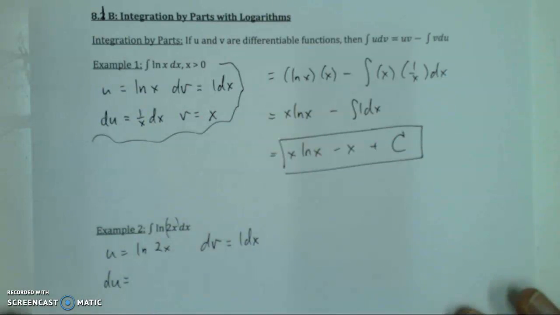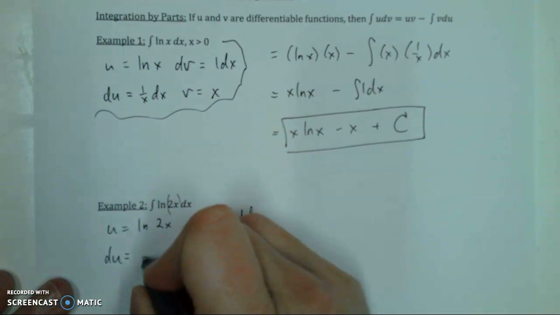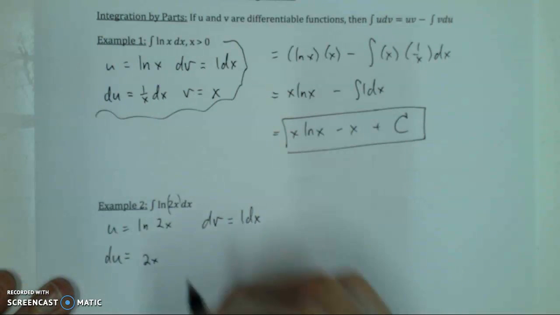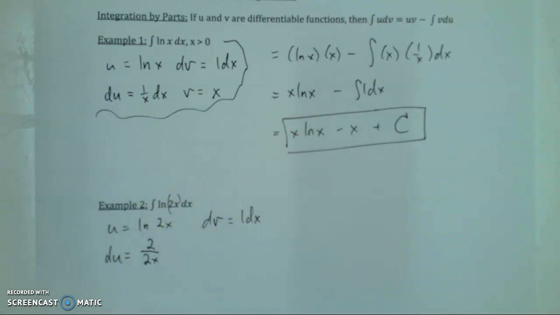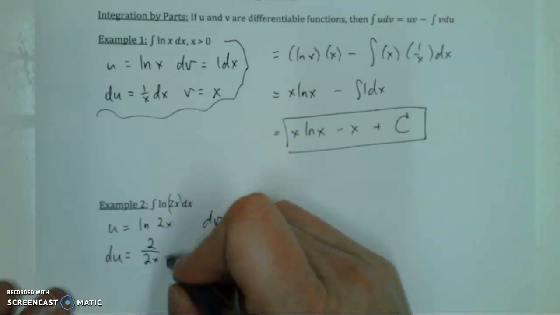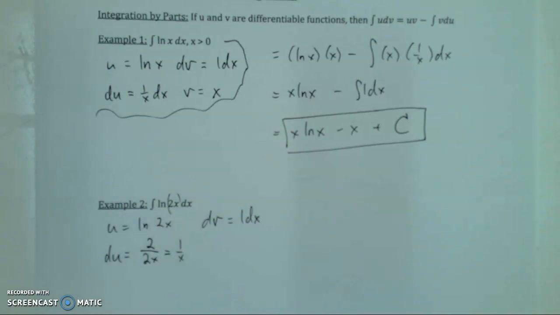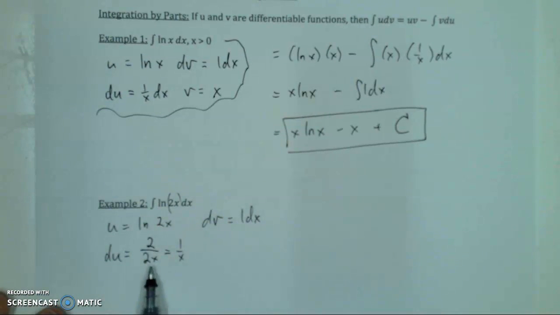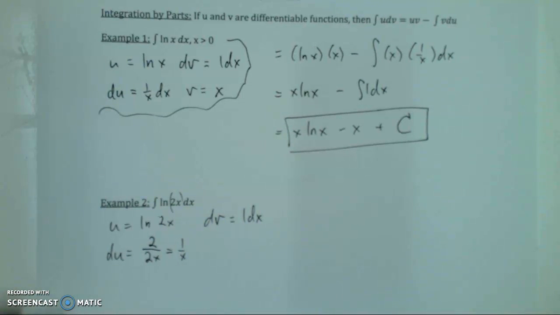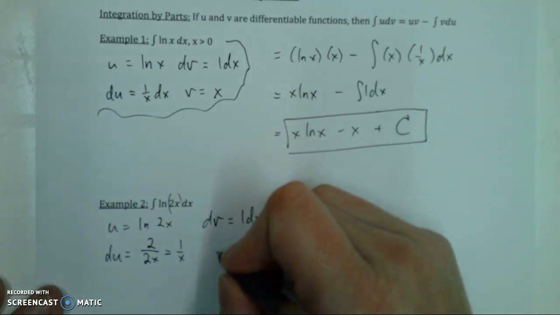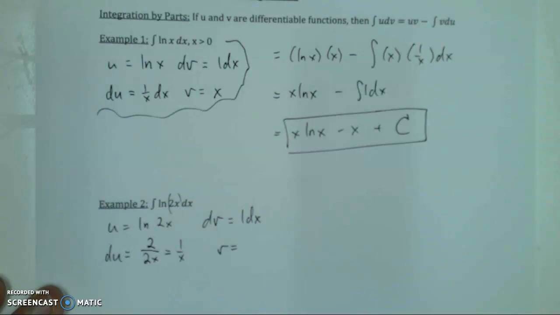As a reminder, to take the derivative of a natural log, whatever we took a log of goes on the bottom, and then its derivative goes on the top. And this one does simplify as just 1 over x. Remember, if you need an extra step like that to simplify, that's perfectly okay. And then what is the integral of 1? Well, that is just x.